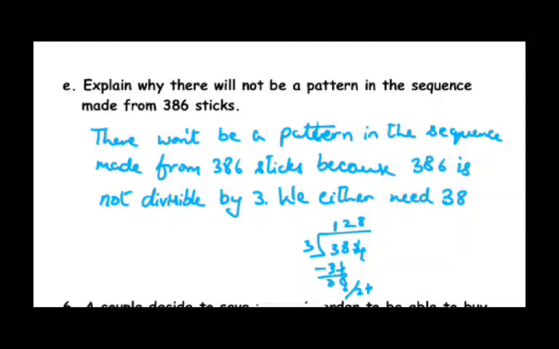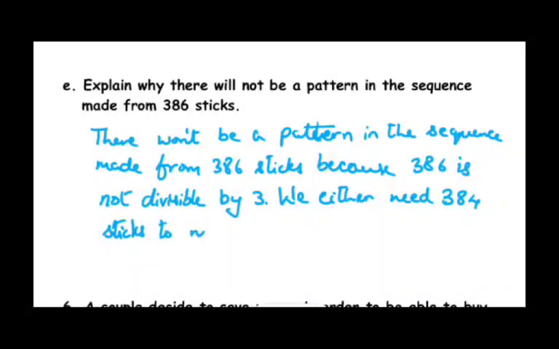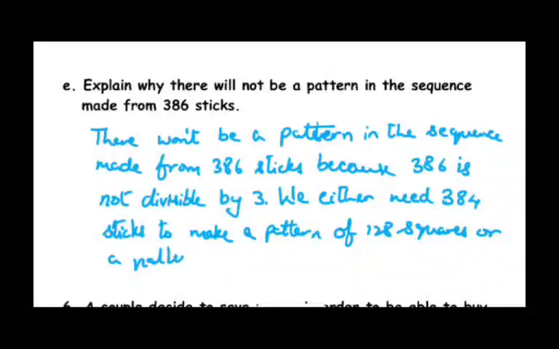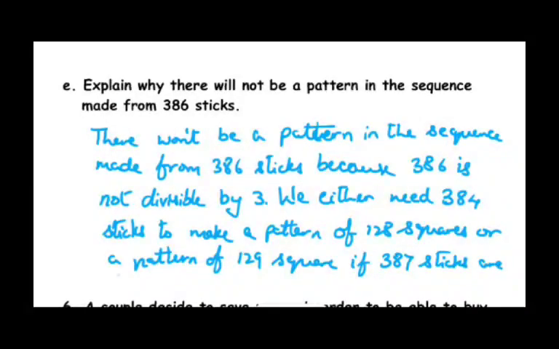So we need 384 sticks to make a pattern of 128 squares, or a pattern of 129 squares if 387 sticks are there.